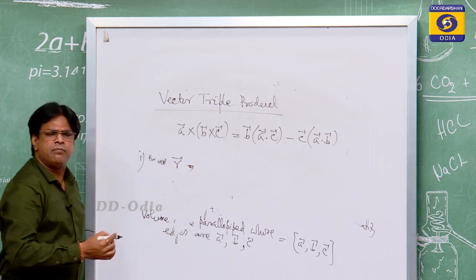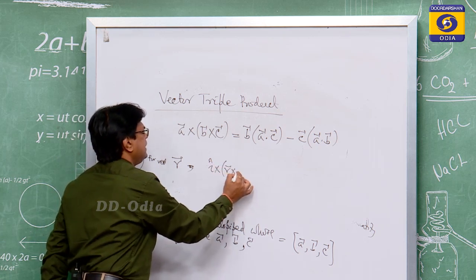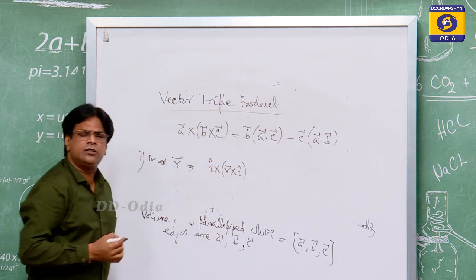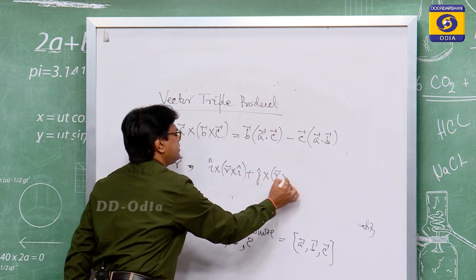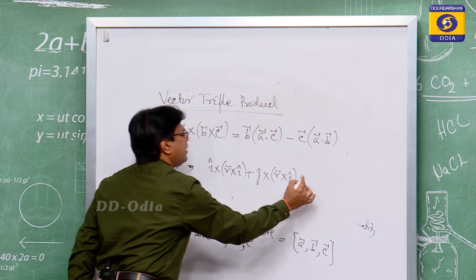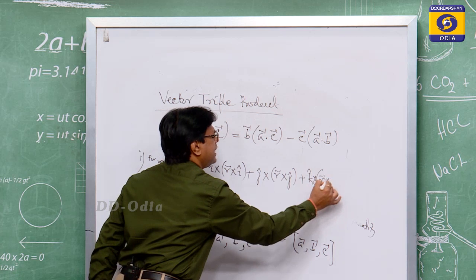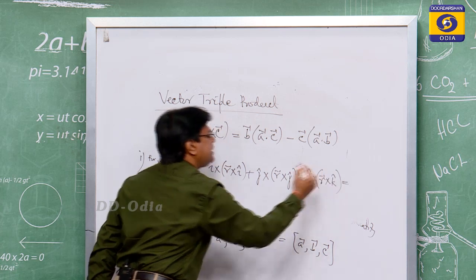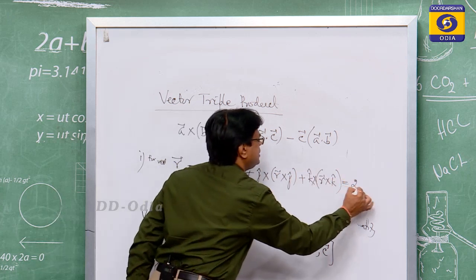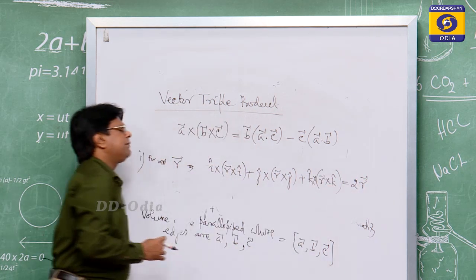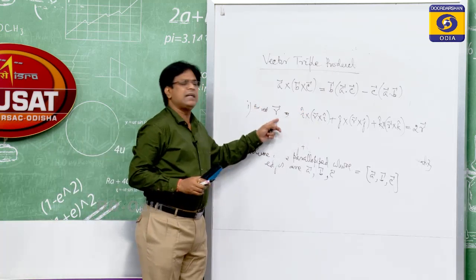For any vector R, we write i cross (R cross i) plus j cross (R cross j) plus k cross (R cross k). You have to remember this: it is always equal to 2R vector.